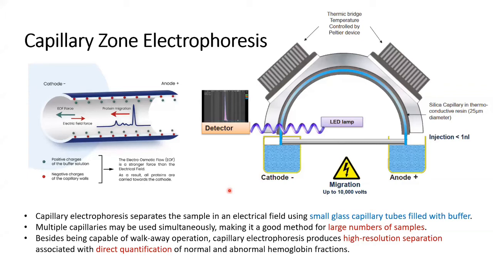So this is a fully automated method, and it gives high resolution separation of the different variants and also gives direct quantification. So this is the only electrophoretic method which is able to give you a quantitative number for the different normal and abnormal fractions, compared to the previous two, which are qualitative only and will just give you a band. Although you can use densitometric tracing to give you a semi-quantitative analysis, but those are not accurate.